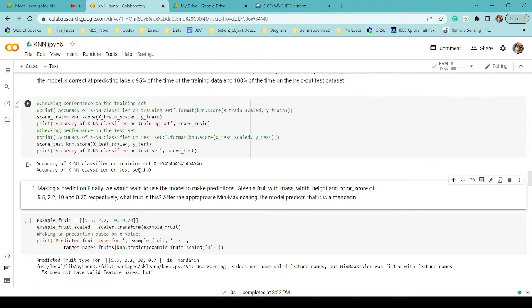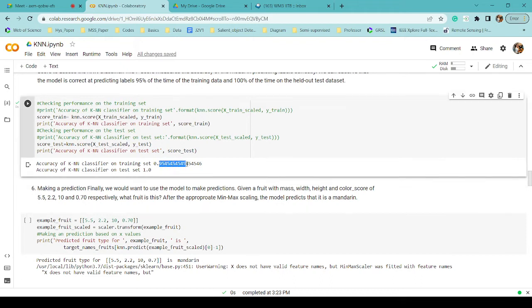The model already knows this is this fruit or this data set, because it has already been trained. So this 95% accuracy is what we should look for, not the test data.